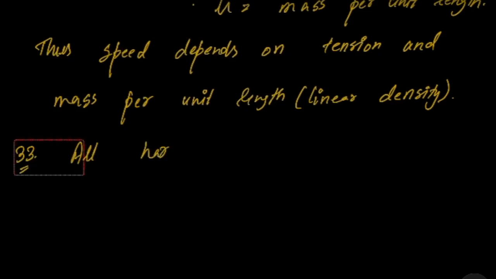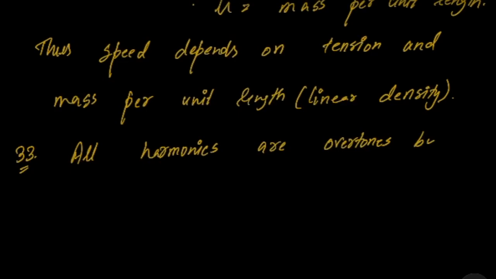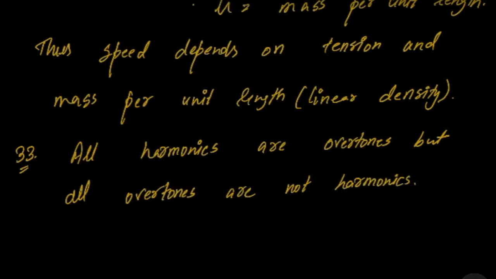All harmonics are overtones, but all overtones are not harmonics. How? So we have to write why all harmonics are overtones but not all overtones are harmonics.